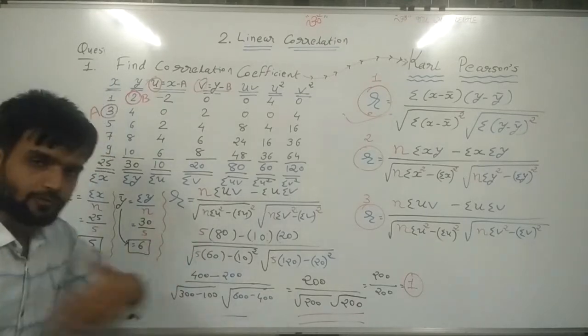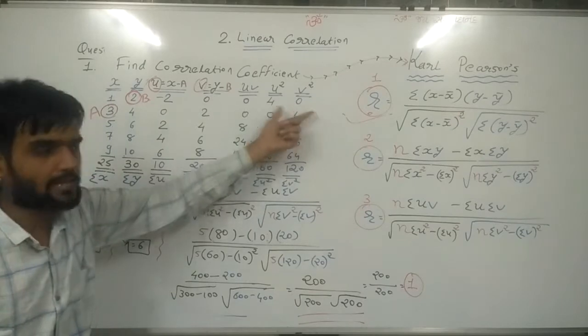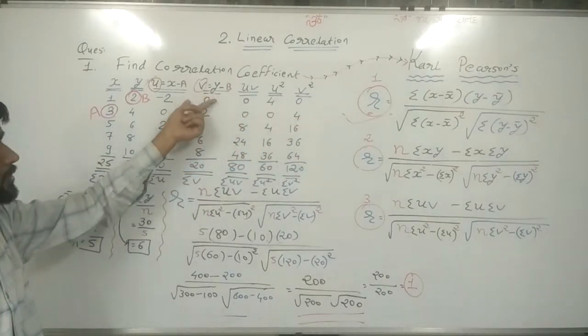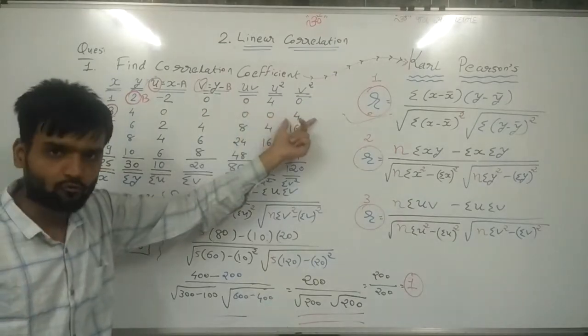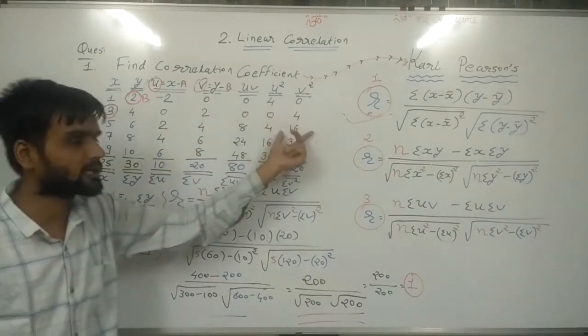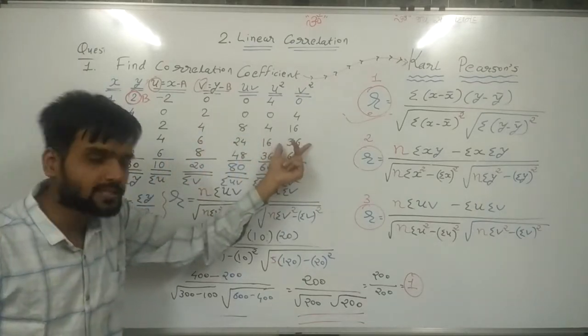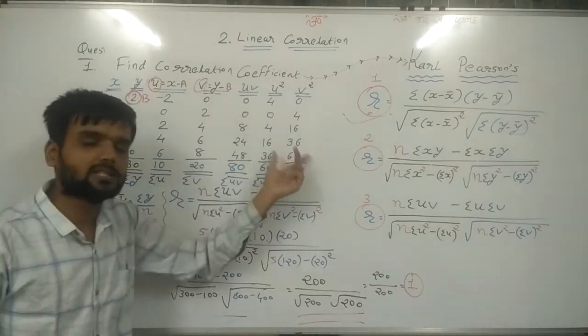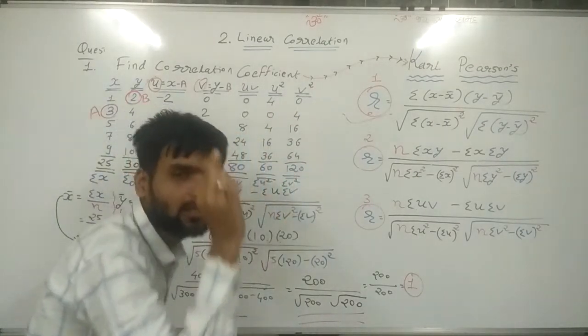Now we are going ahead. Understand please. v square, same as we found u square. 0 square 0, 2 square 4, 4 square 16, 6 square 36, 8 square 64, and the total of that is sigma v square.